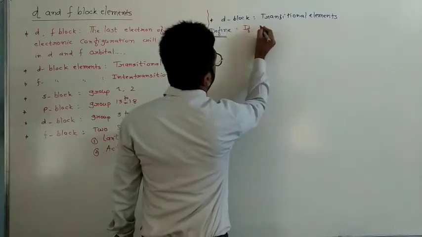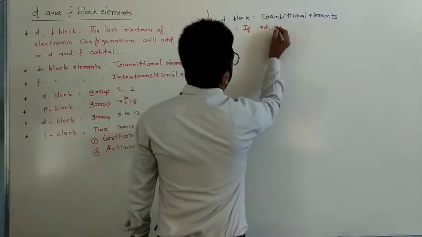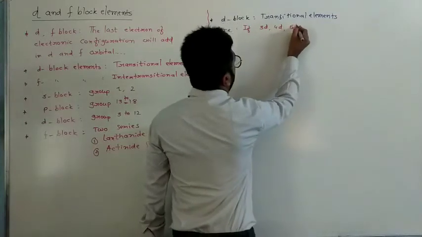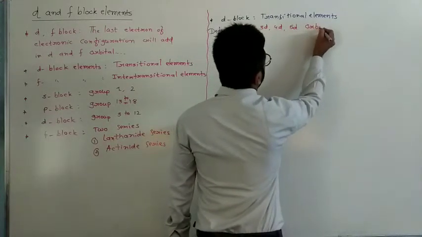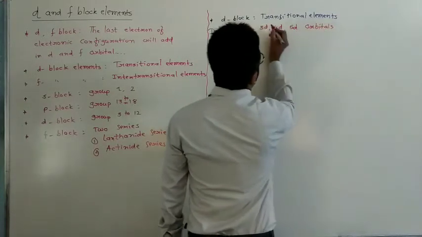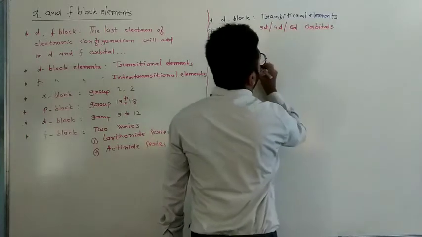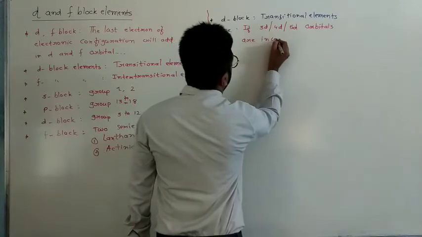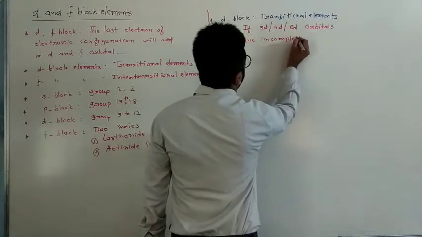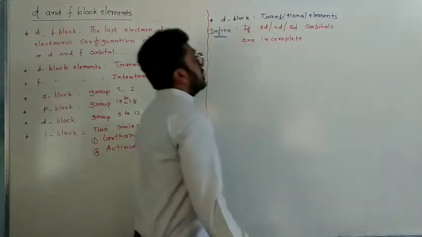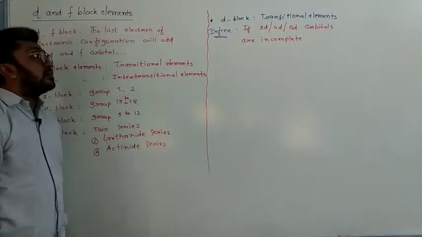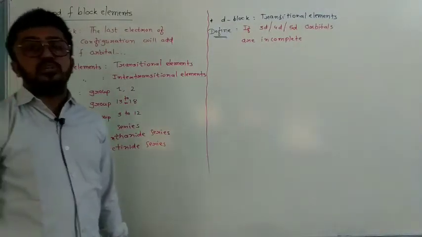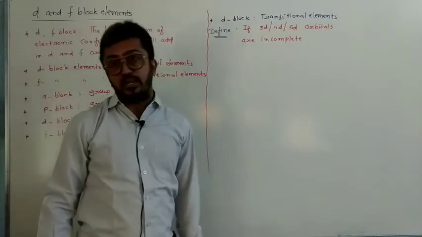If 3d, 4d or 5d orbitals are incomplete. Just say we have to write the electronic configuration of different types of elements.